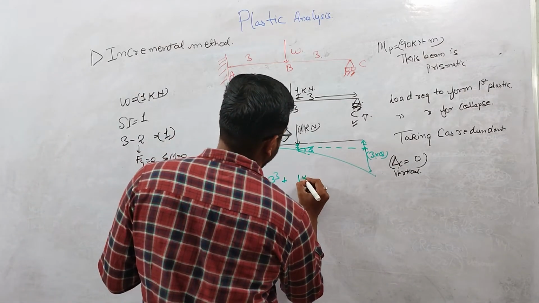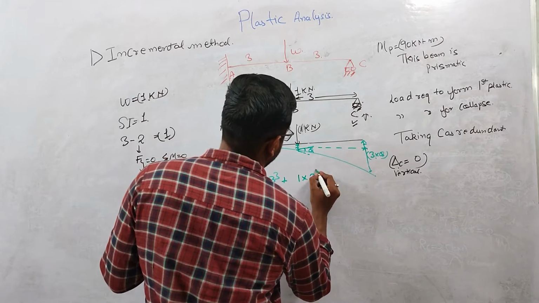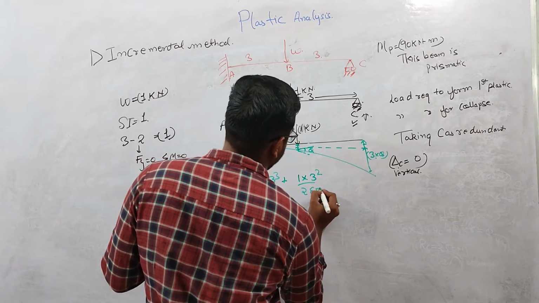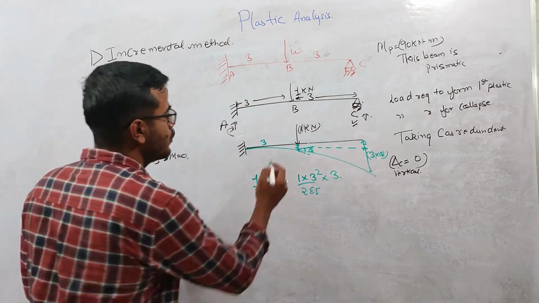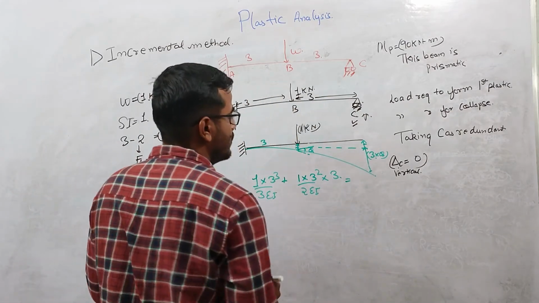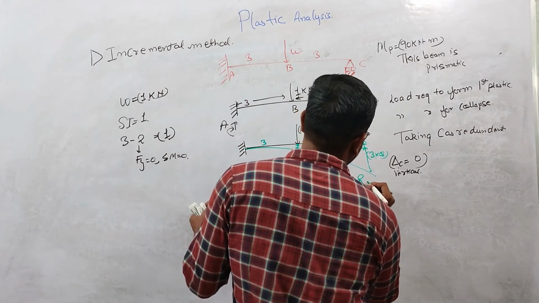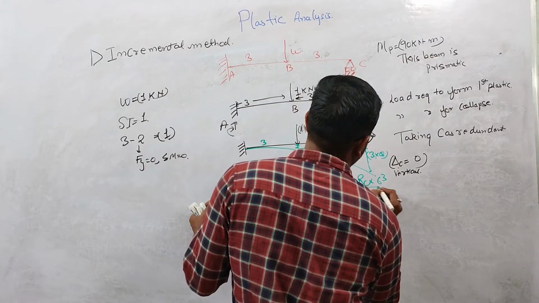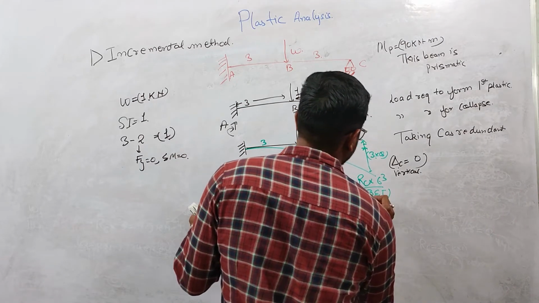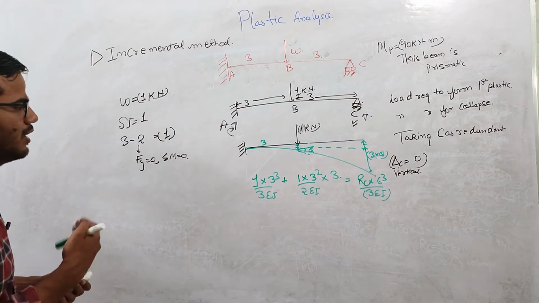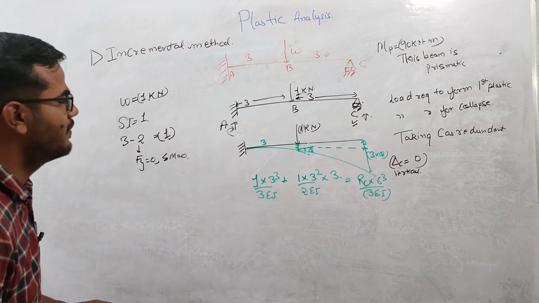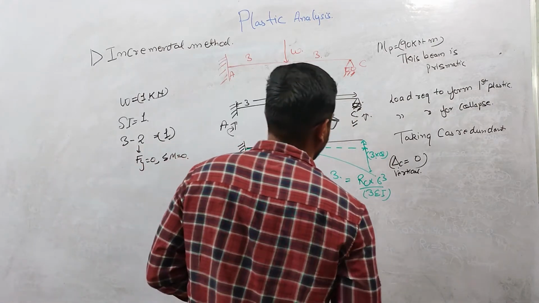It will be 1 into 3 squared over 2 EI, where L is 3. So this is the total deflection due to this load, and this will be equal to RC into 6 cubed over 3 EI, right? This is through the compatibility equation, right? We are taking this vertical deflection at C equal to 0.